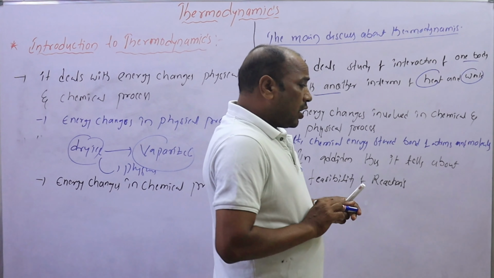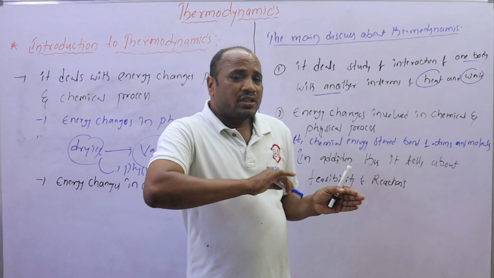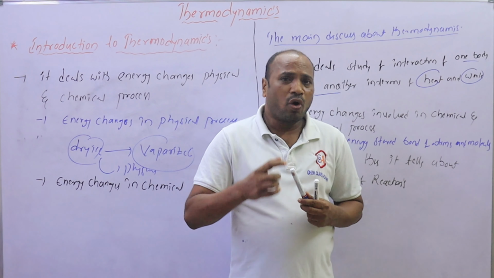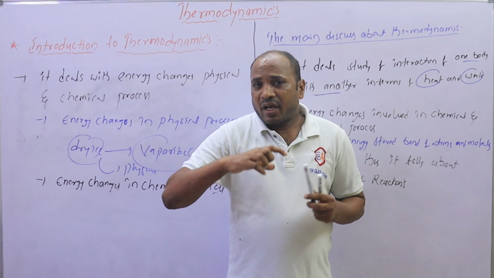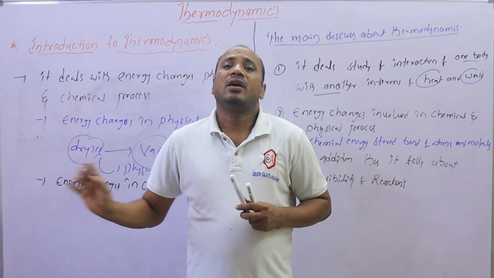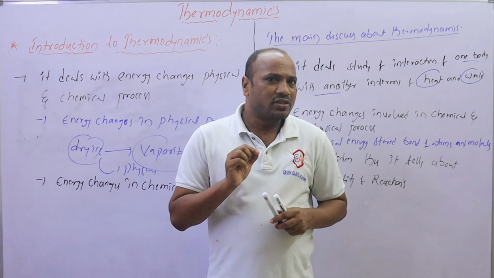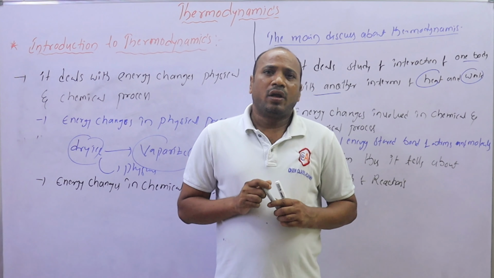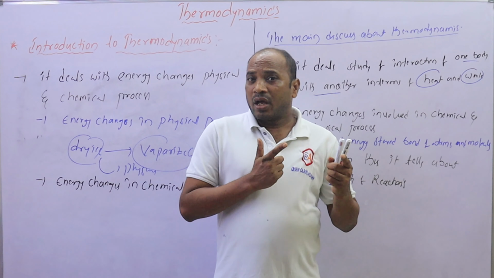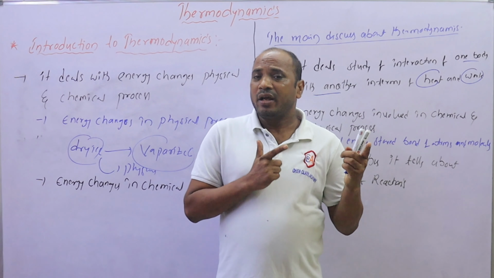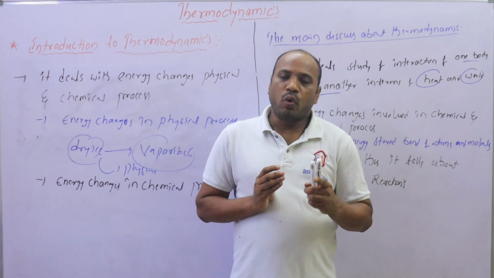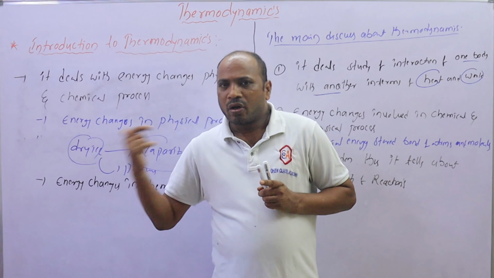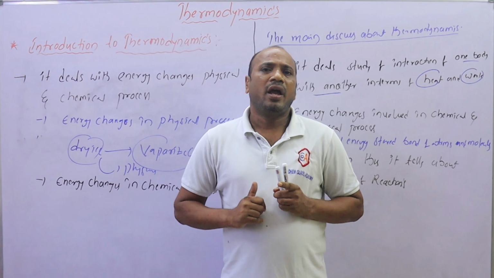If you burn wood, the chemical energy is turned into thermal energy. For example, petroleum, biomass, coal and batteries store chemical energy. When you burn them, the chemical energy is converted to thermal energy.